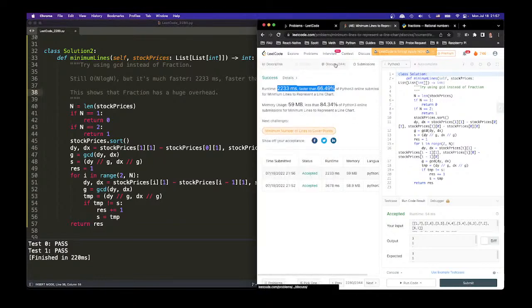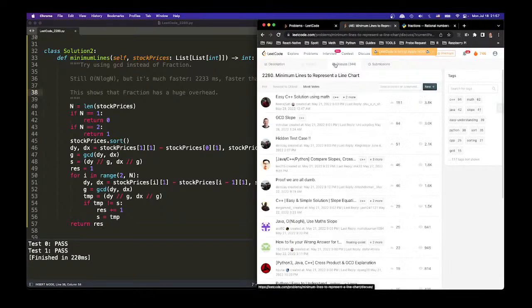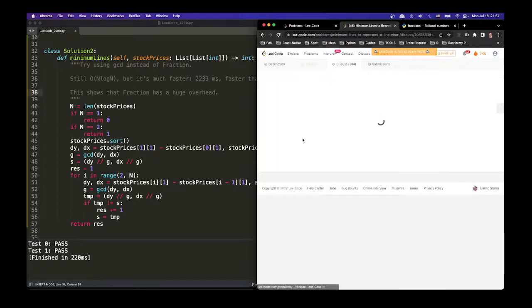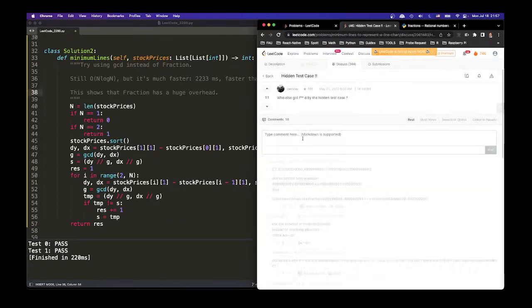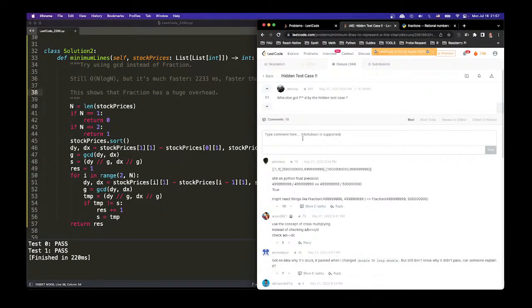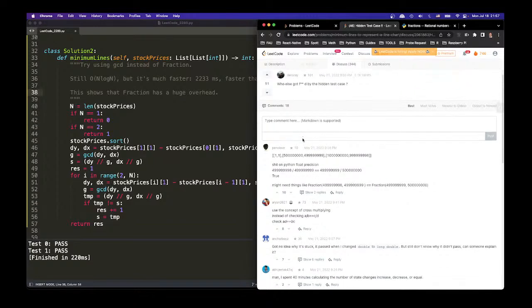Alright, let's see the description. GCD slope. Hidden test cases. What happened? Yo, this is smart.